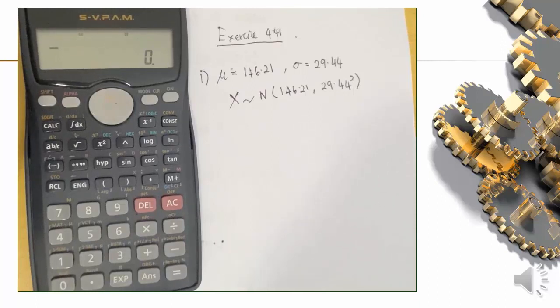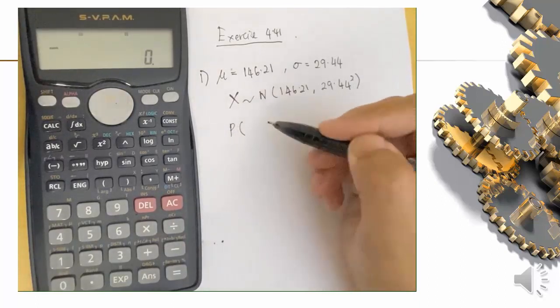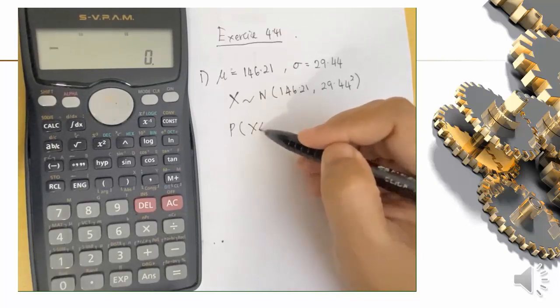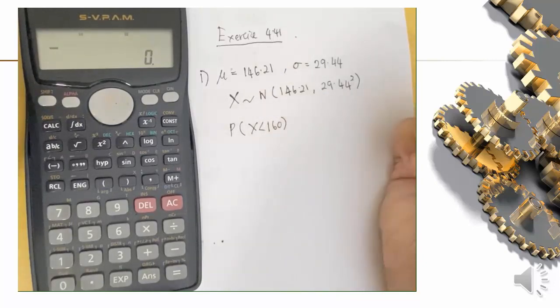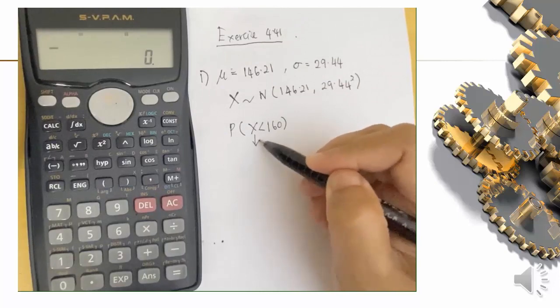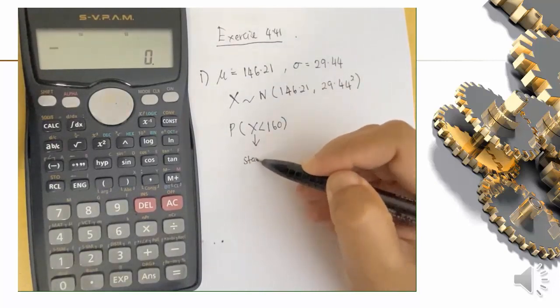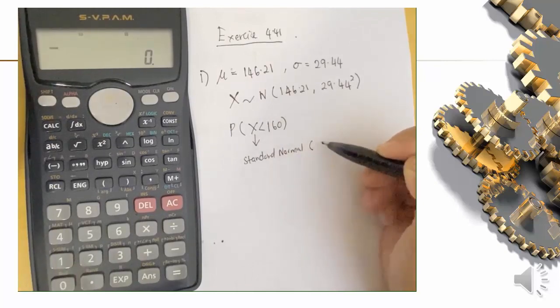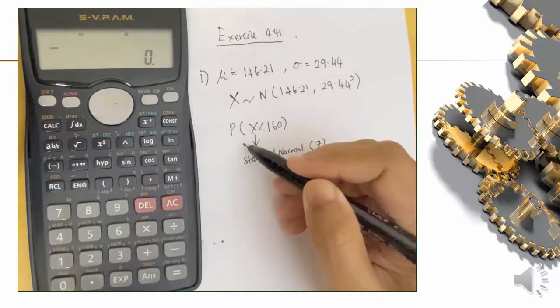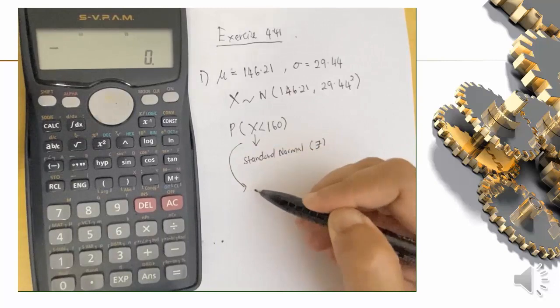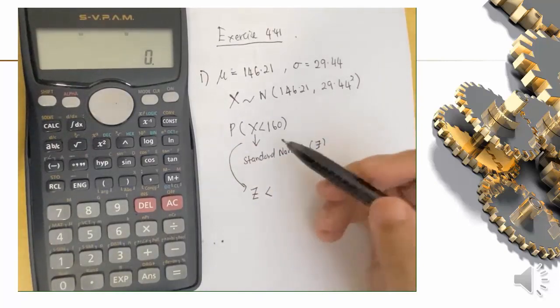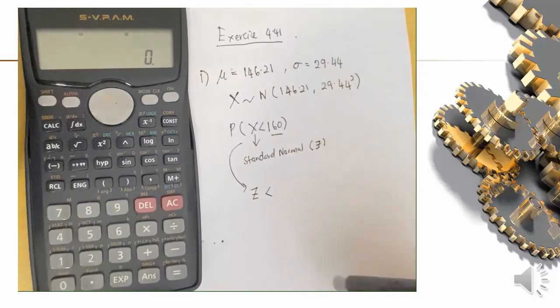So find probability x less than 160. We have to convert into standard normal, which is z. So how to convert 160 here?